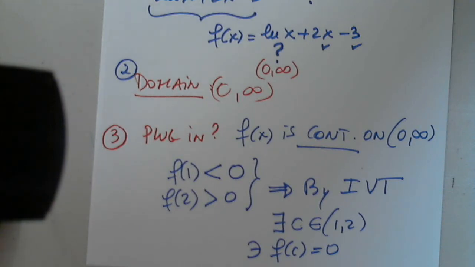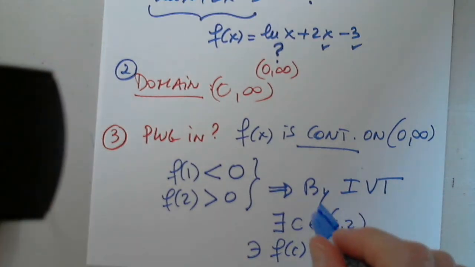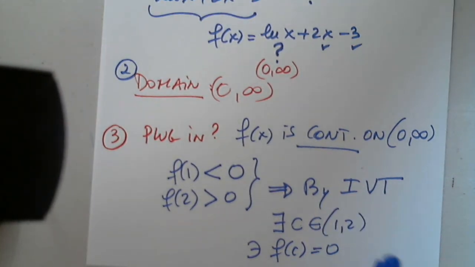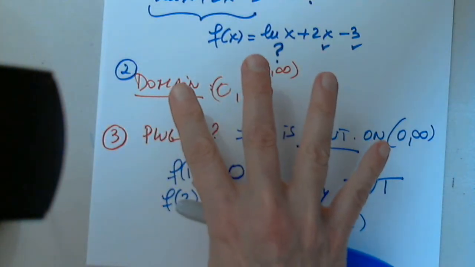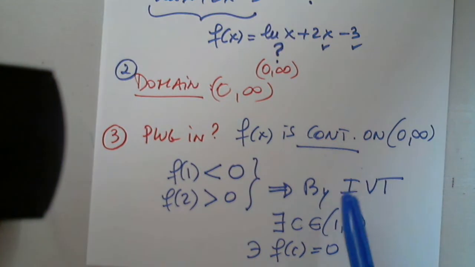What was I going to say next? Would you like to upload this so I can see it? You don't have to use the symbols. So one more time, just this page. By IVT, you can write in words, I will find C in the open interval 1, 2, such that f of C equals 0.